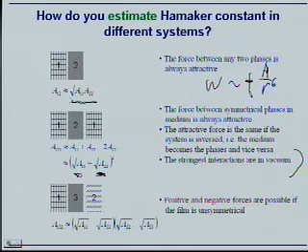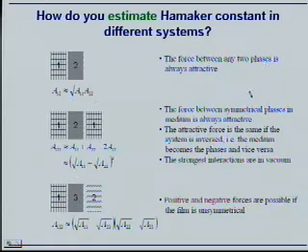As long as you have positive Hamaker constant, you're always going to have attractive interactions. And you see that in all those cases where we have only two phases, or where we have symmetrical phases, the Hamaker constant can only be positive. And if you invert the system, you're still getting the same Hamaker constant by value.